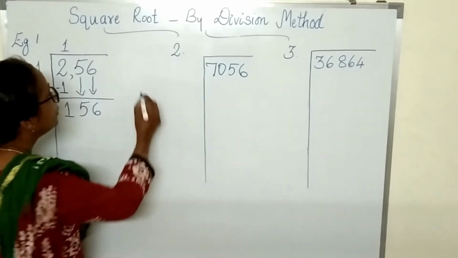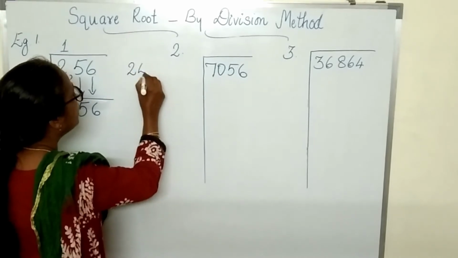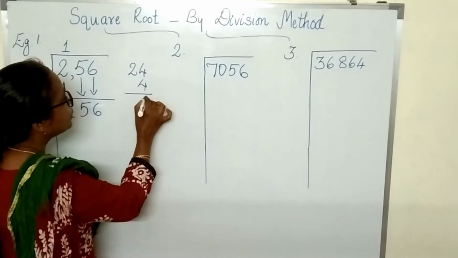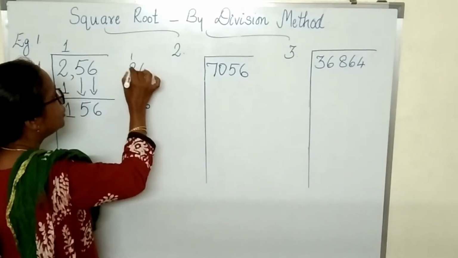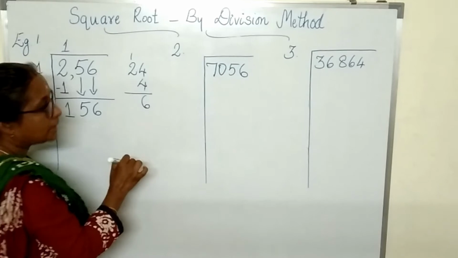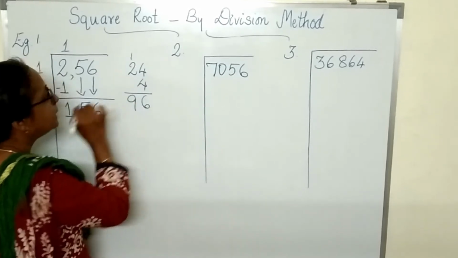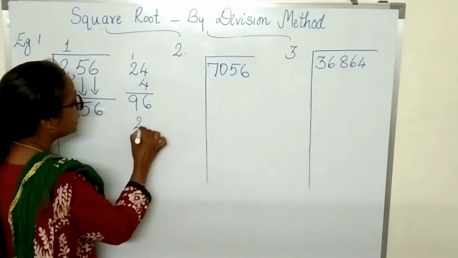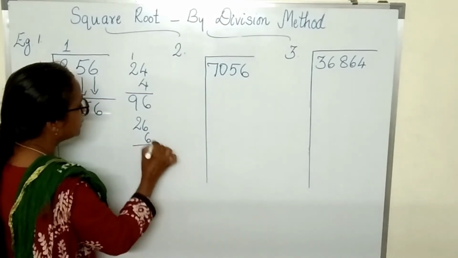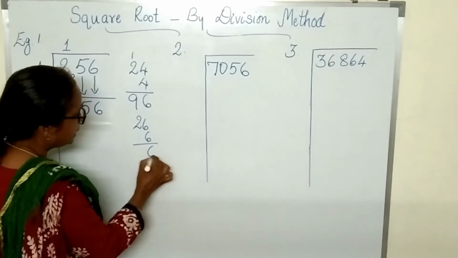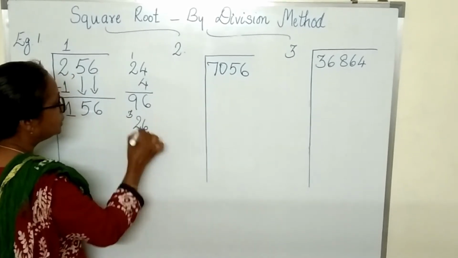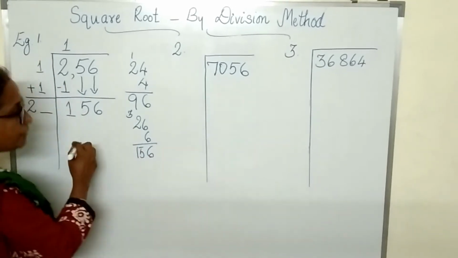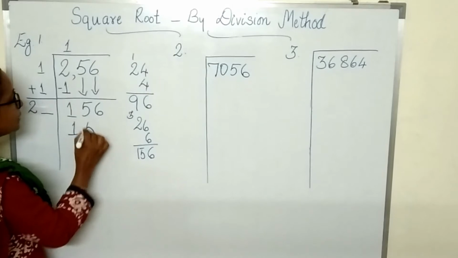So we'll try 24 multiplied by 4. 4 4s are 16, 2 4s are 8 plus 1, 9. So this is not the number. Let us try 26 multiplied by 6. 6 6s are 36, 2 6s are 12 plus 3, 15. So you got 156.